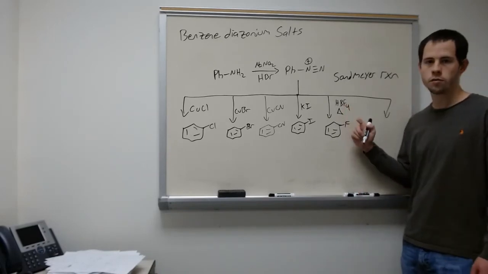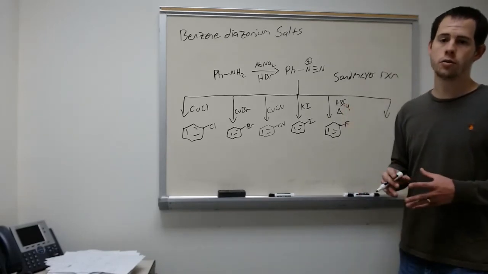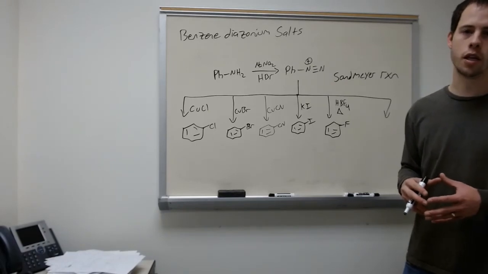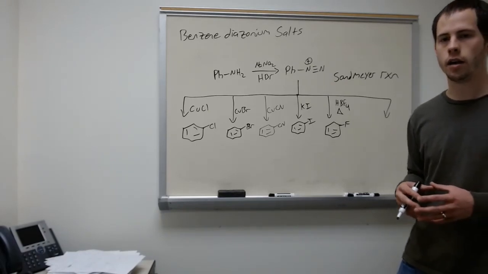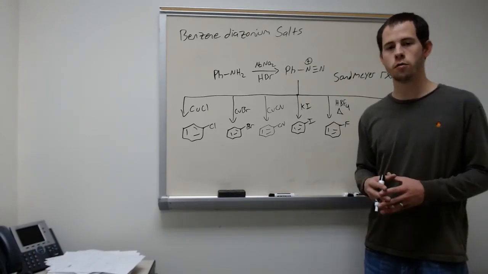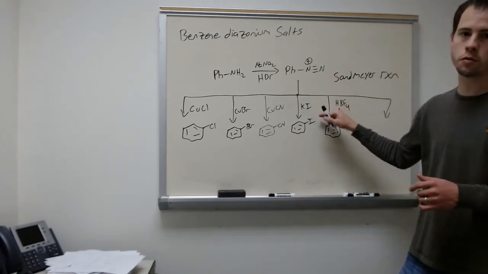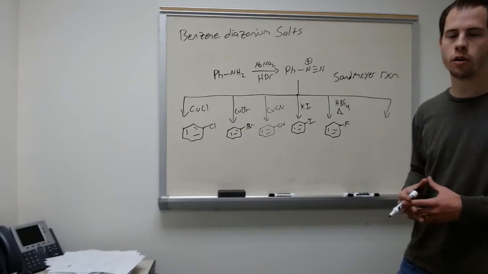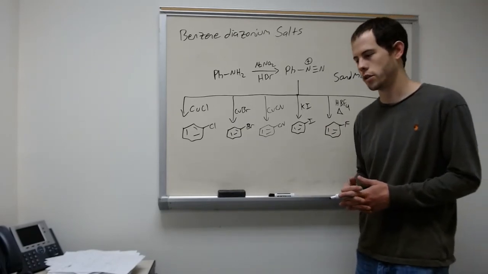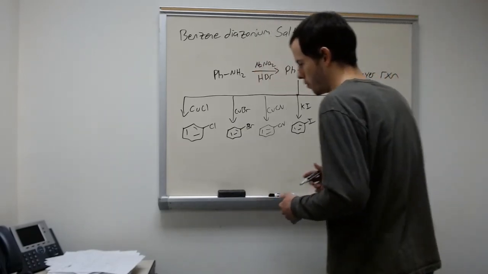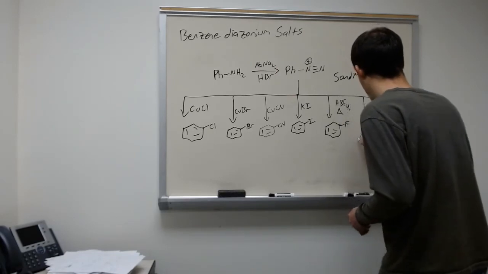This puts one of these fluorines onto our molecule. So I think this is one of the first times we've seen how to add a fluorine to a carbon to make a fluorine-carbon bond. So this is a particularly useful reaction, and it's the only way we know how to put fluorines on the benzene ring.